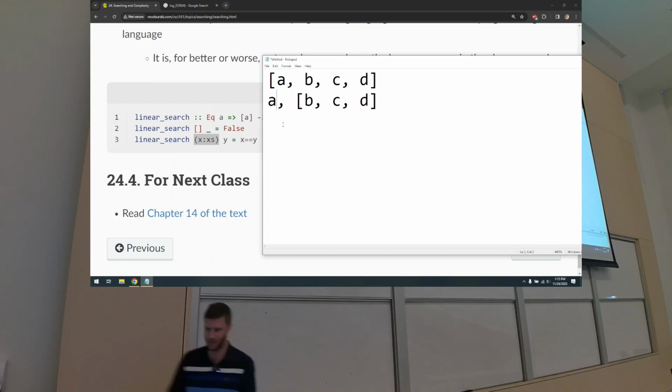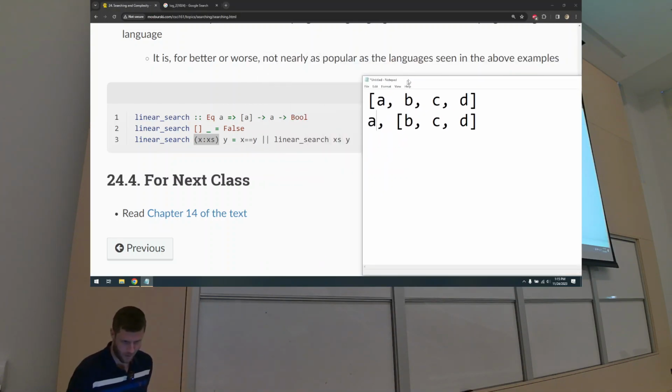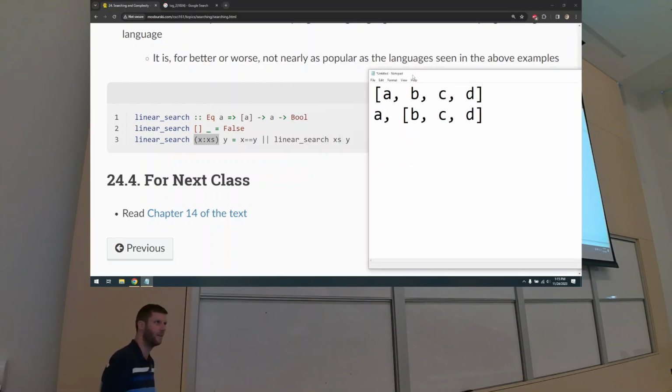No. It's called linear search. But that's the name of the function I'm writing. I'm not sure it's sinking in. If your mind just got blown, you're paying attention. If it didn't, you're not paying attention. I just blew everyone's mind, whether you like it or not.